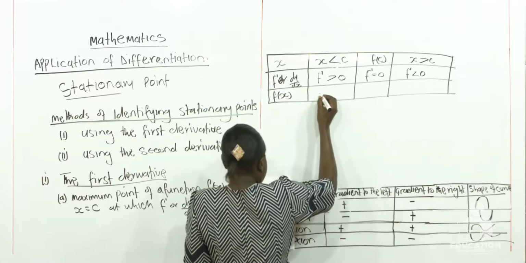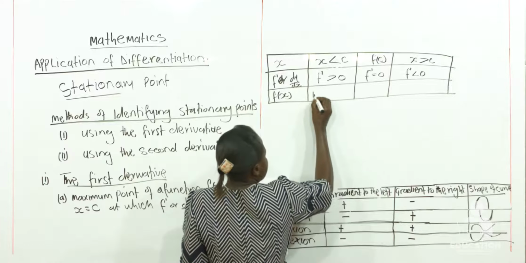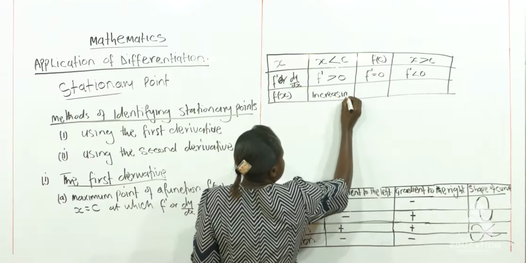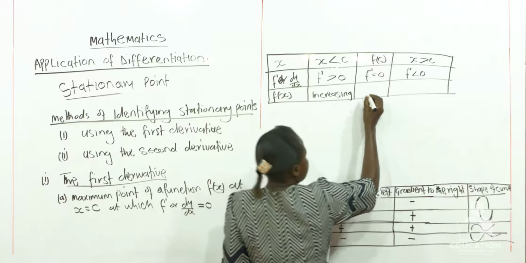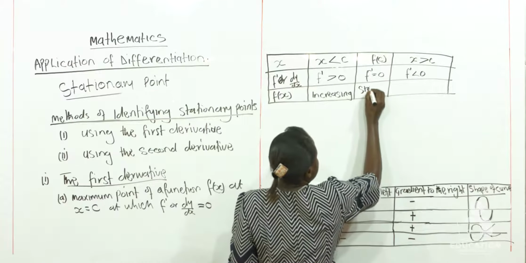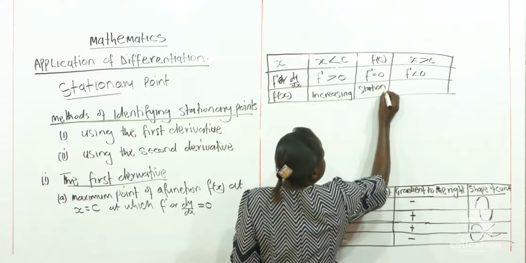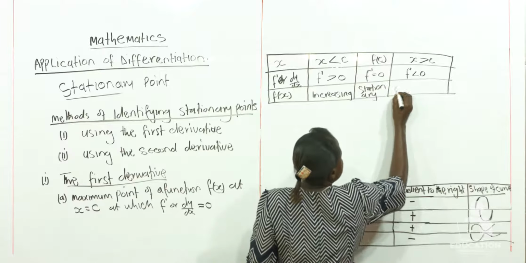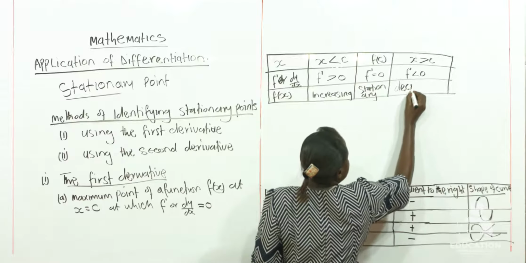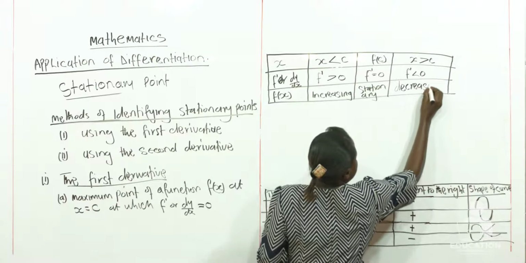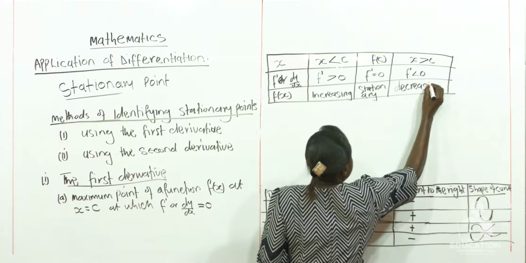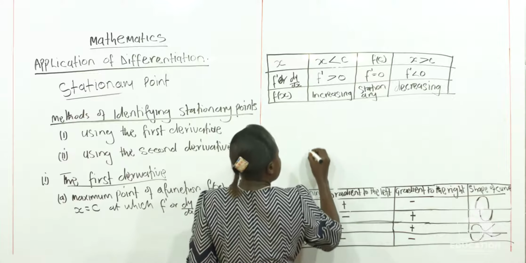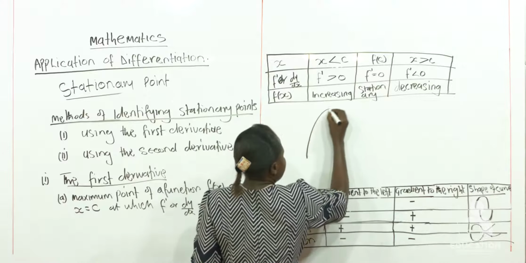And then the function: it means it is increasing, here it means stationary, and here it means decreasing, and then you only have this kind of curve.